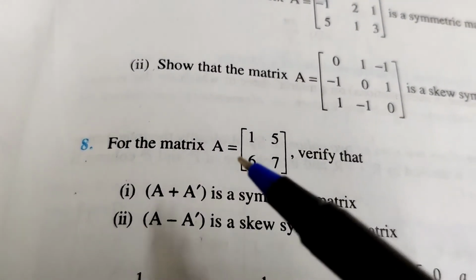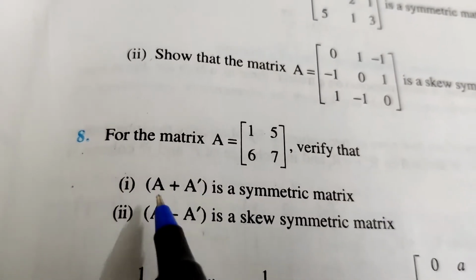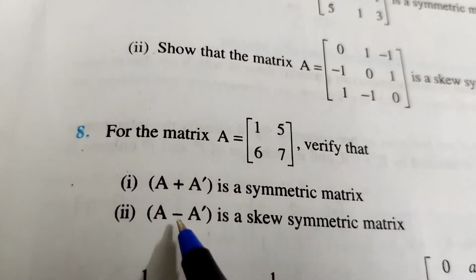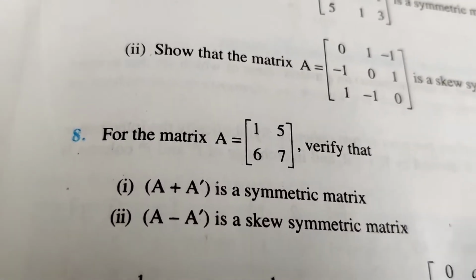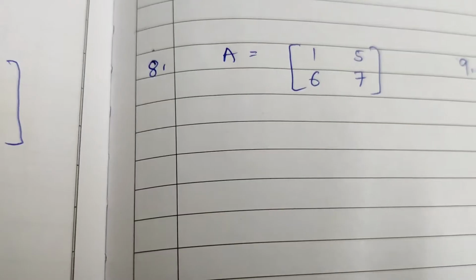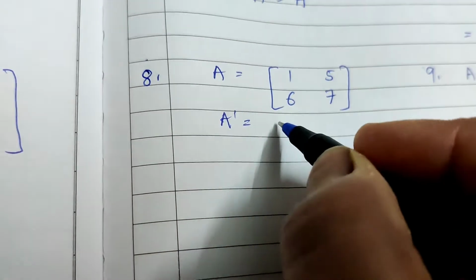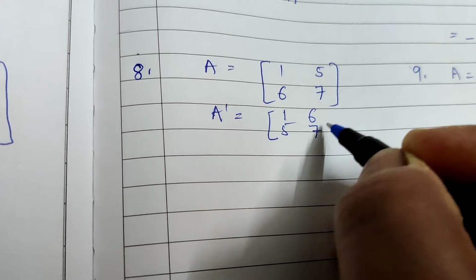Question number 8: for a matrix A equal to 1, 6, 5, 7, verify that A plus transpose of A is a symmetric matrix, and A minus transpose of A is a skew-symmetric matrix. A is given. Now the transpose of A is 1, 5, 6, 7.